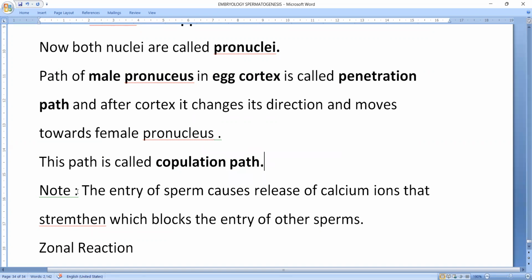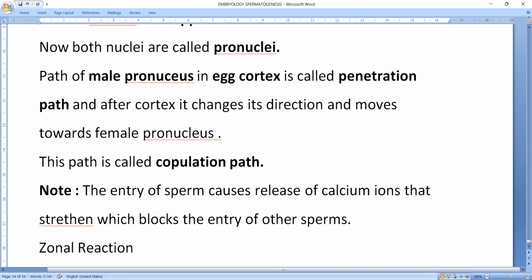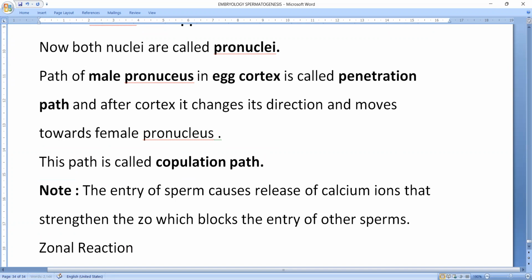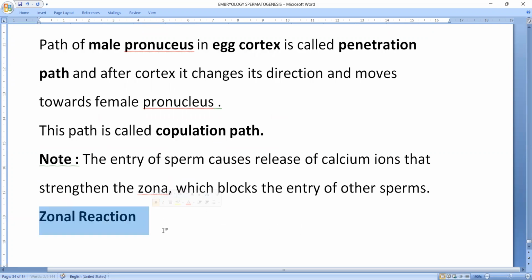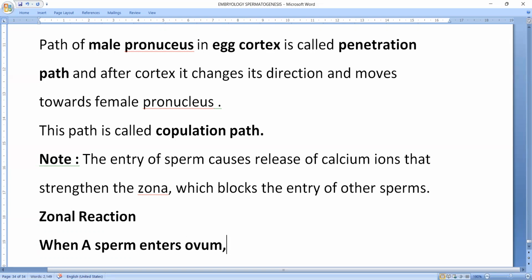So now another note ఏంటి అంటే the entry of sperm causes a release of calcium ions that strengthen zona, which blocks the entry of the sperm called zonal reaction. ఇంకొక ఇంపార్టెంట్ స్టెప్ ఏం జరుగుతుందంటే when a sperm enters ovum, its membrane is depolarized.